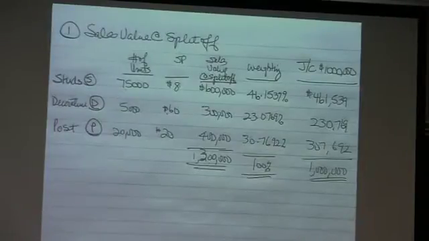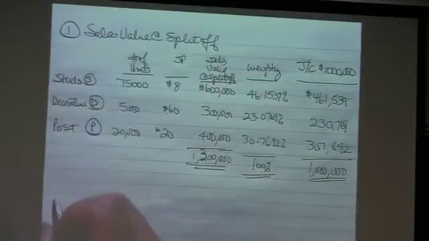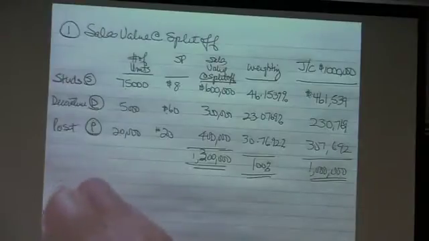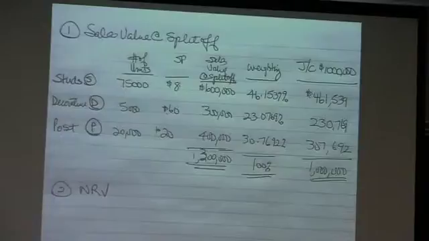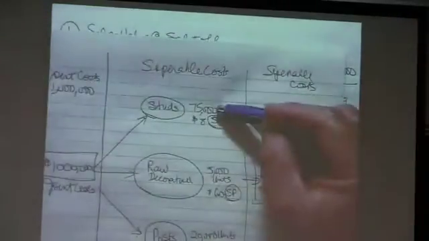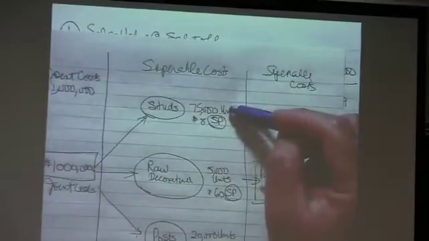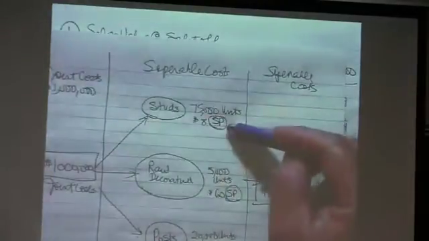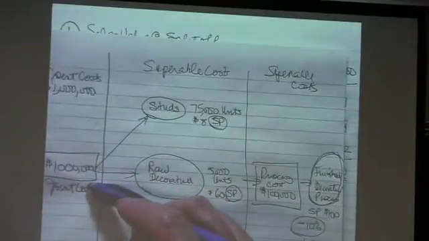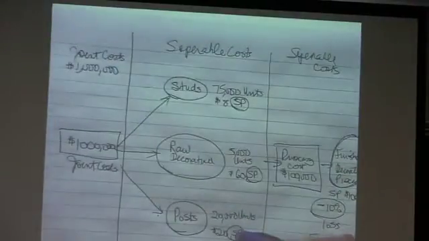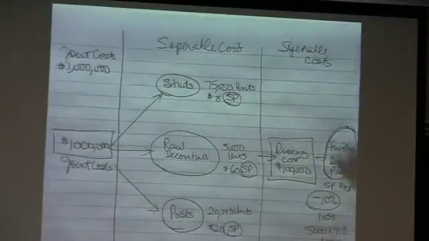Now, the NRV, so I'll just do the NRV next because I know it's part C, but let's do NRV. We're looking at the net realizable value. In this case, the net realizable value for studs is the same as the value of the split off point, and so is the post, but this one is different, isn't it?